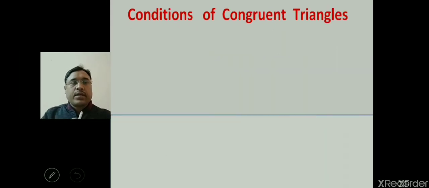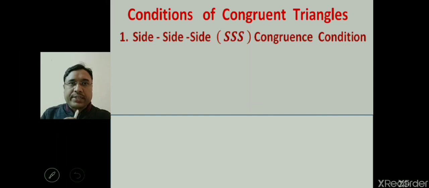Now you have to see conditions of congruent triangles. In which conditions can you surely say that the given two triangles are congruent? That you are going to see now. What is the minimum condition required to say that these two triangles are congruent? So you see the side congruence condition.